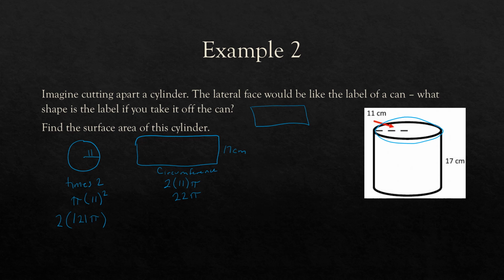Then we're going to add the 2 top and bottom to the rectangle here. So back to our rectangle, we figured out the circumference, and that is really the base of our rectangle. Then we have to multiply by the height of the rectangle. So 22 pi times 17 will give us 374 pi.